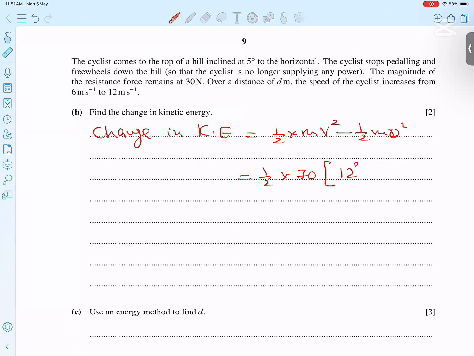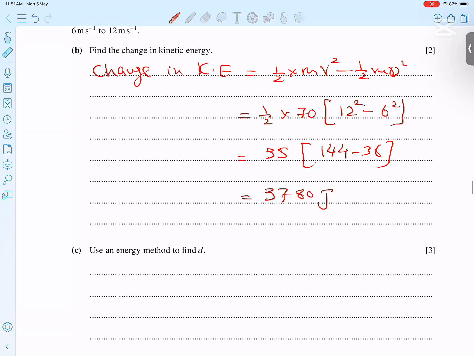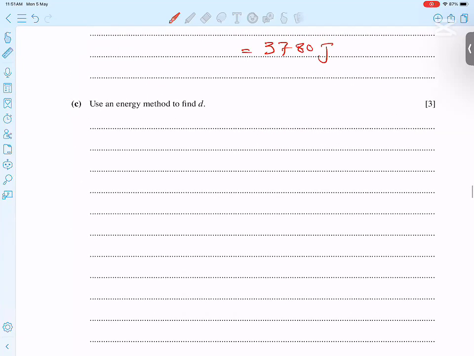Final speed is 12 and initial speed is 6. So this is 35 times inside 144 minus 36. If we calculate, 3780 joules. I hope the concept is clear. Now, by using the energy method, find d.